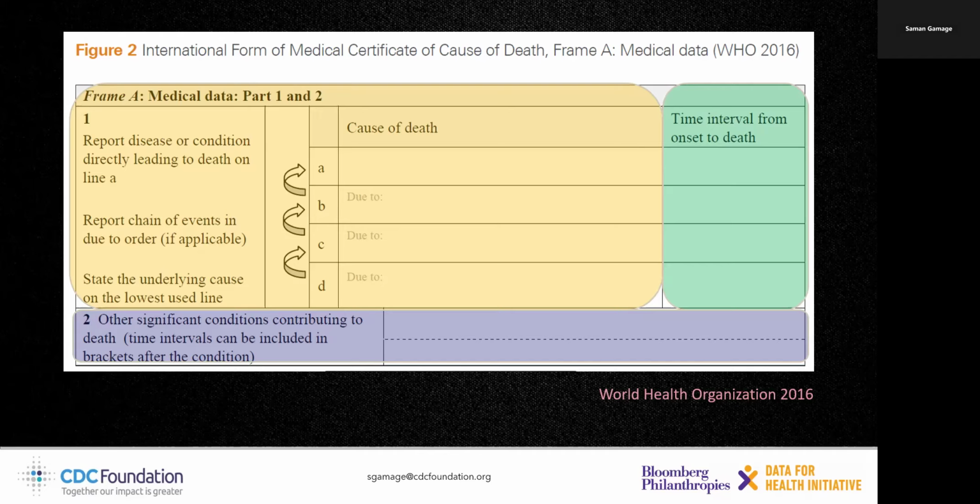The form is self-explanatory. You can see the arrows from D to C, C to B, and B to A. And then on the lines B, C, and D, you can see "due to" is printed. On line 1A, report the disease or condition directly leading to death.